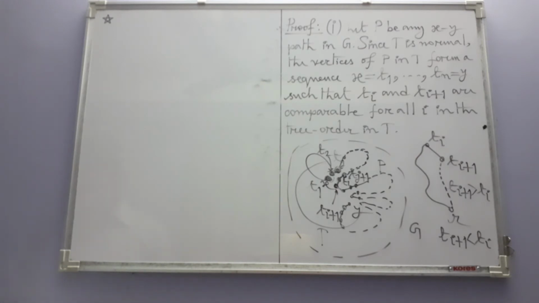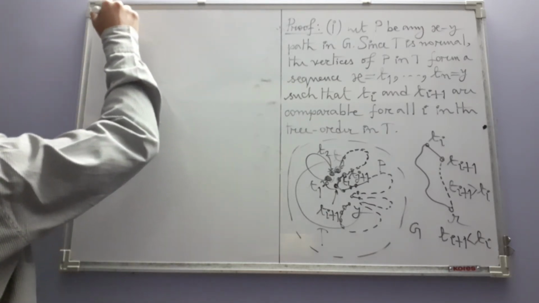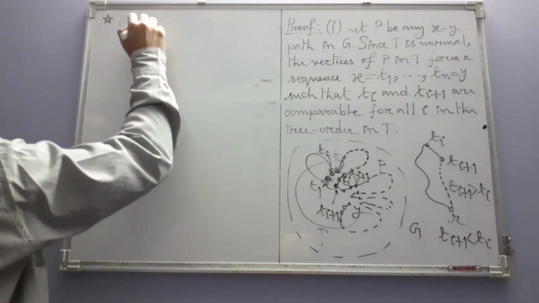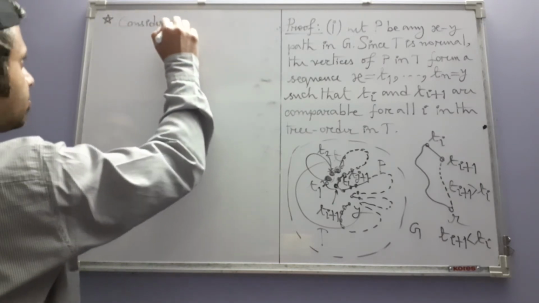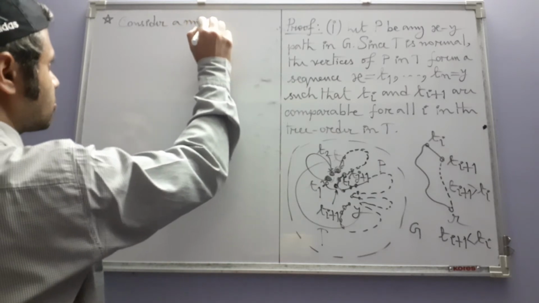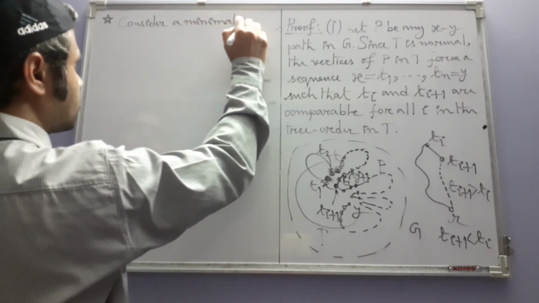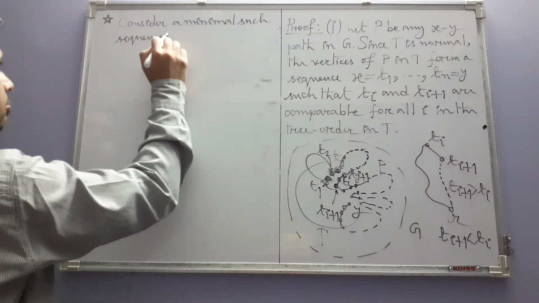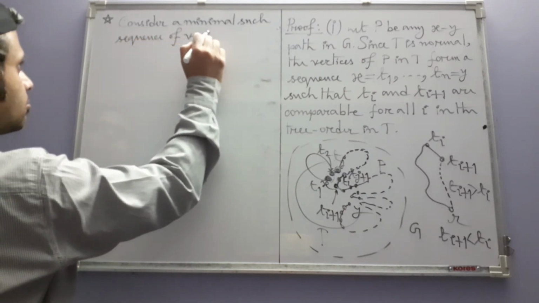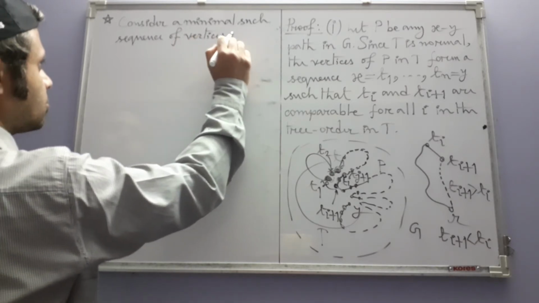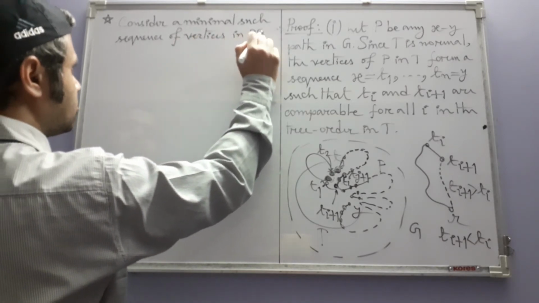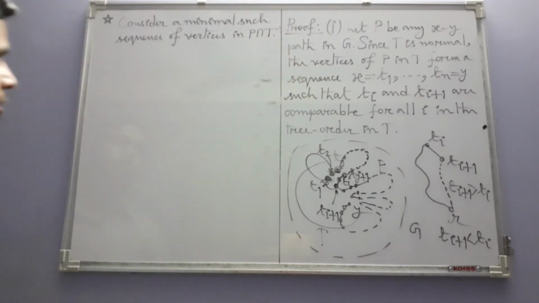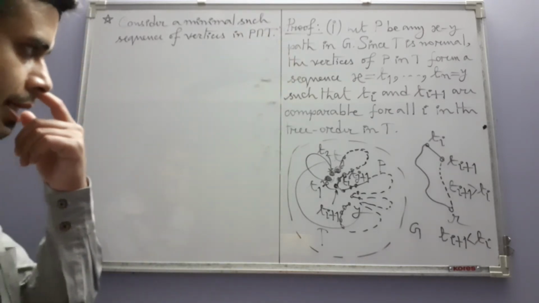Okay, so that's the situation here. Now consider a minimal such sequence of vertices in P intersection T. Now this line may be slightly confusing.